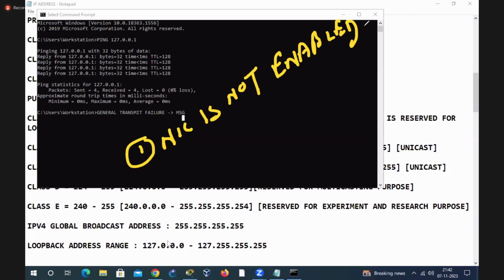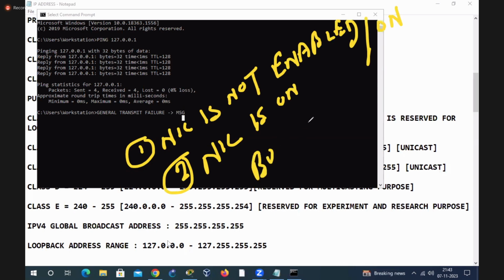The second is that the NIC is on, but the message is still displayed. It means that your NIC is faulty.